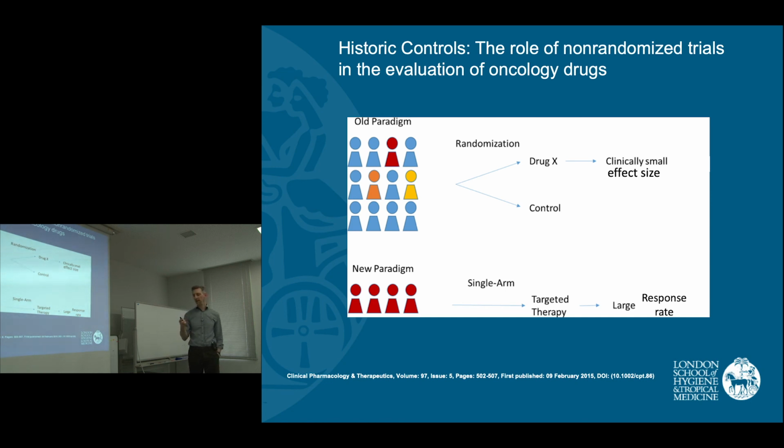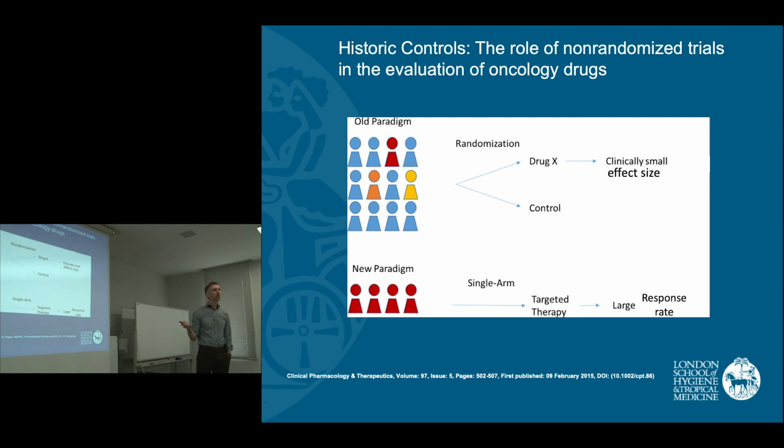What will be much better is if I can do a randomised trial where I only include the subgroup who I think might benefit. But the problem is, they might be a very small group of patients, and it might take me a very long time to recruit enough patients to do a randomised comparison against either the next best treatment or no treatment, whatever it happens to be.